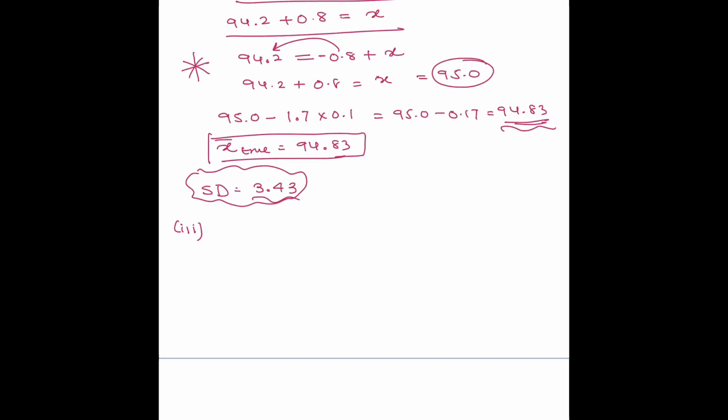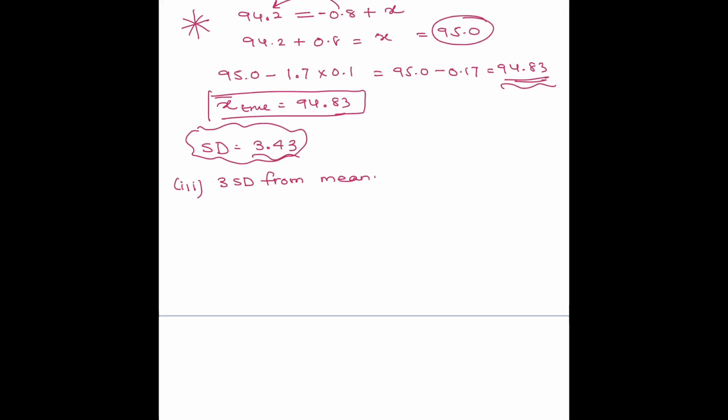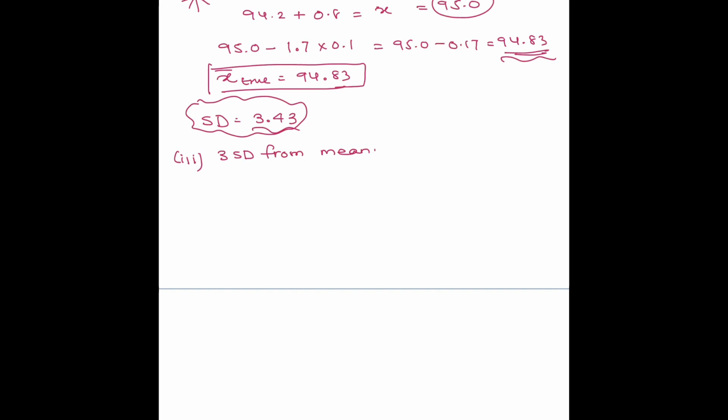Let's try for 3 standard deviations from the mean. When checking outliers, generally we do 2 standard deviations, but let's try 3 standard deviations here also.